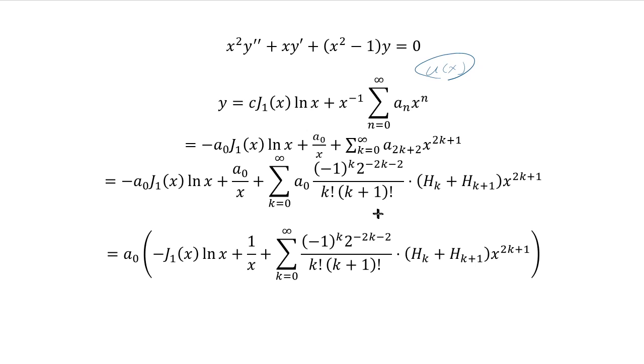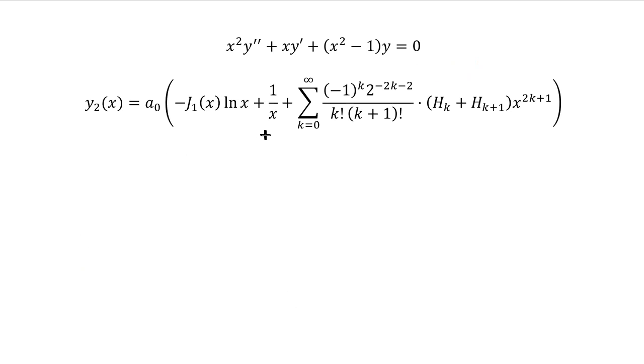And then what you get is when you replace a2k plus 2 by what we just figured out, and I pulled out the a0 over x separately, then you get this as the solution. So that's like almost the end, okay? So what we can do is we have this result, which is the other part.